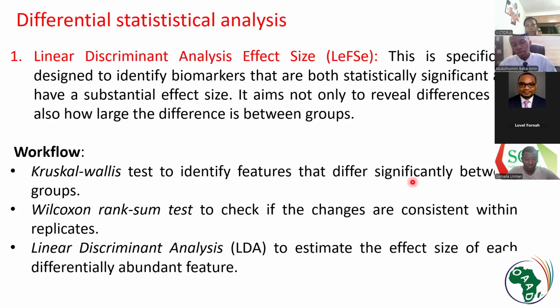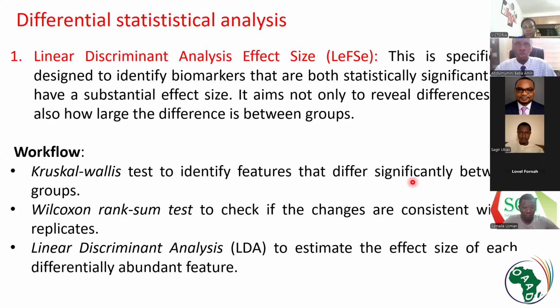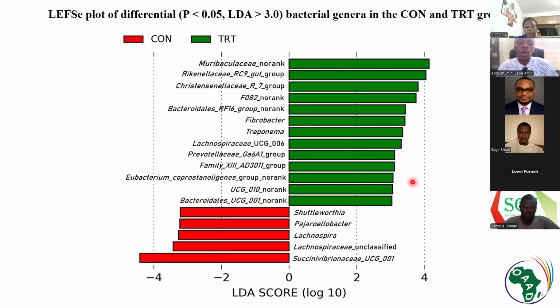The LDA for microbiome data is usually between 2 and 3. An LDA score greater than or equal to 2 to 3 is usually deemed significant, combined with the statistical Kruskal-Wallis test. So this is how the LEfSe test looks.